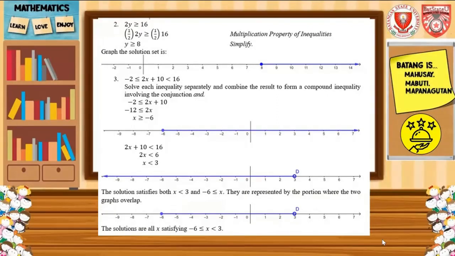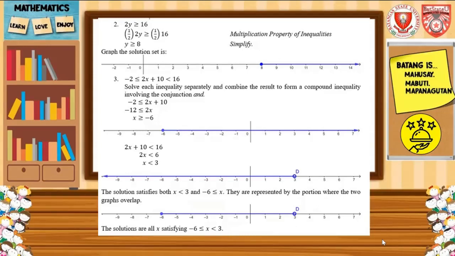By the multiplication property of inequality, we have 1/2 times 2y is greater than or equal to 1/2 times 16. So we have y is greater than or equal to 8. Then we have the graph. So here we use the solid dot or solid circle because 8 is included in the solution set.